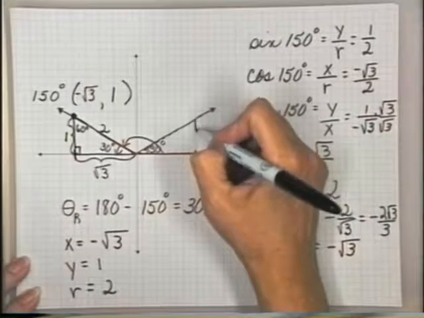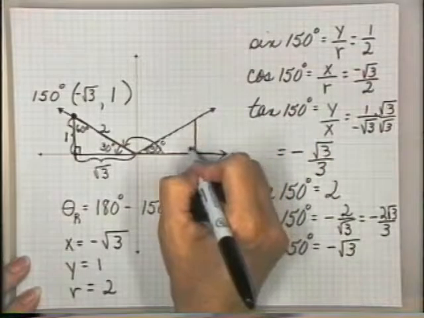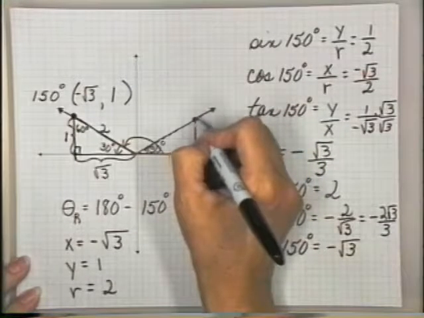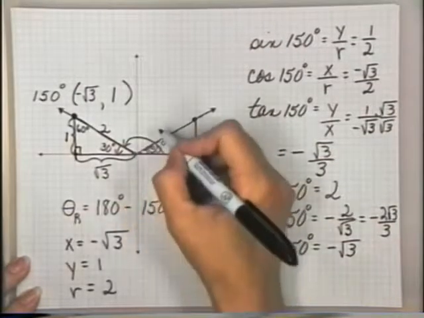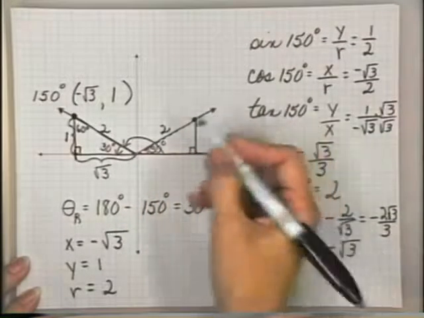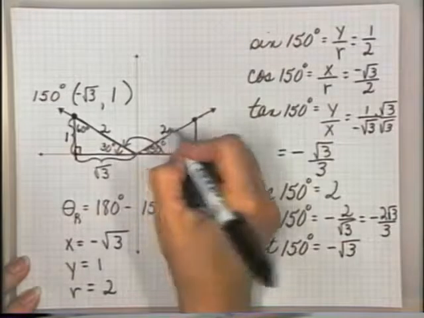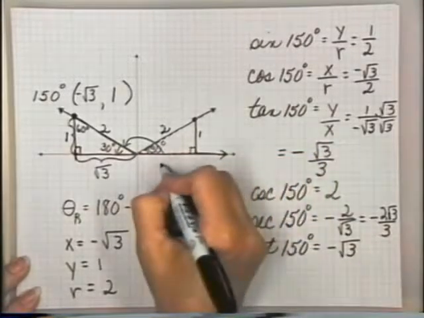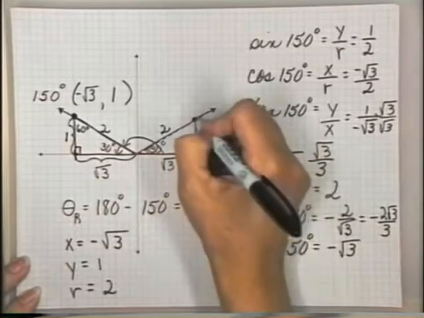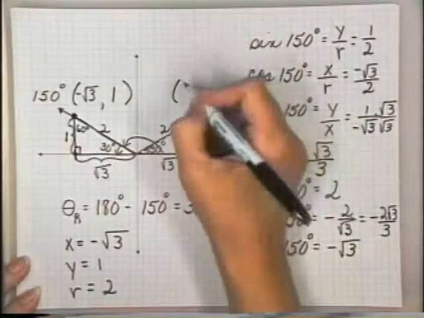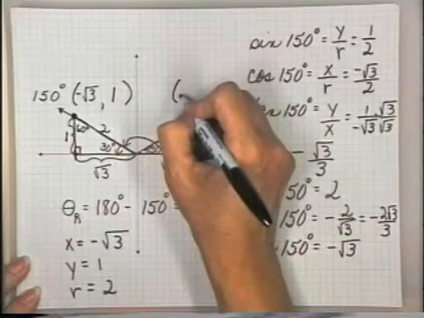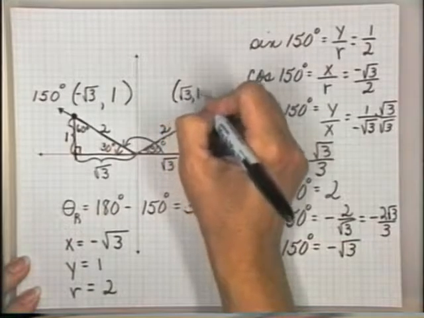And if I construct this right triangle, do you see that these triangles are congruent? If I choose this distance to be 2, then this distance would be 1, and this would be the square root of 3. And so, on the terminal side of my 30 degrees, I would have the point square root of 3, 1.